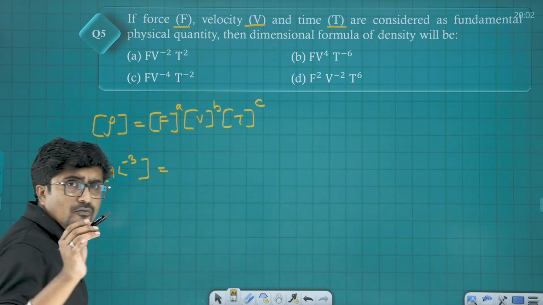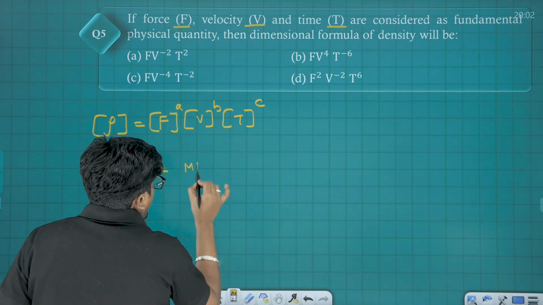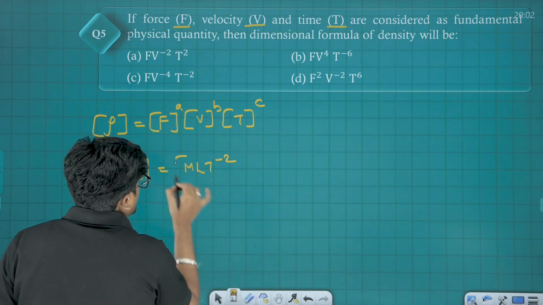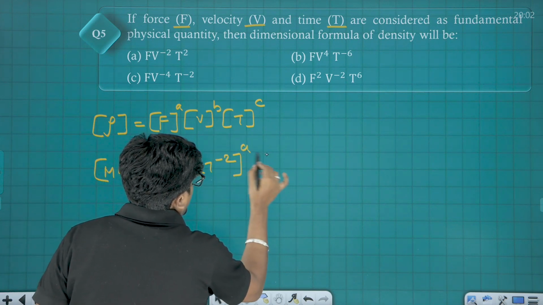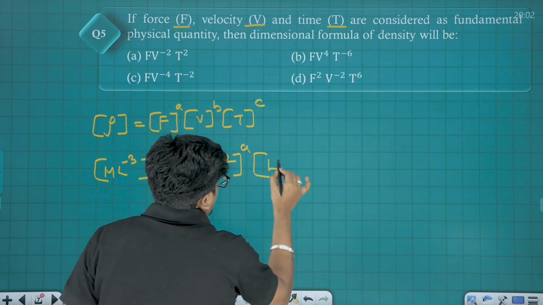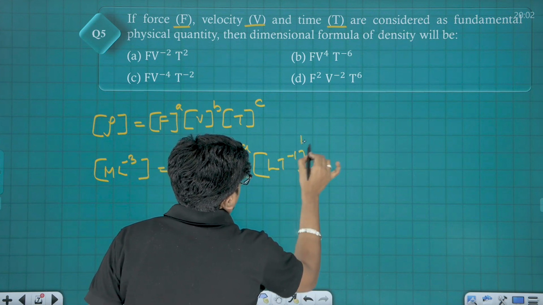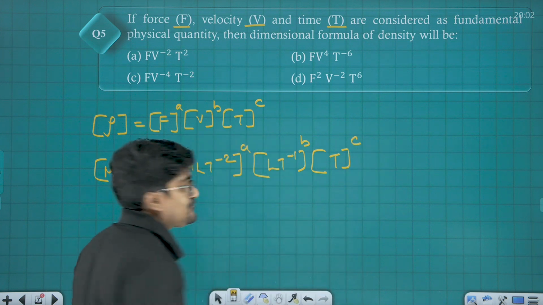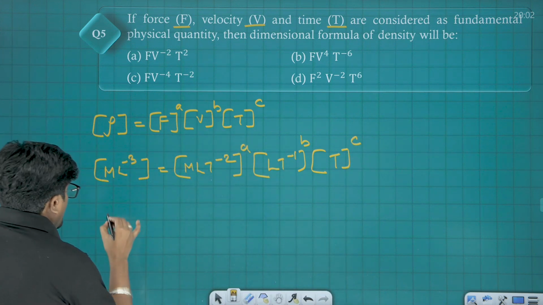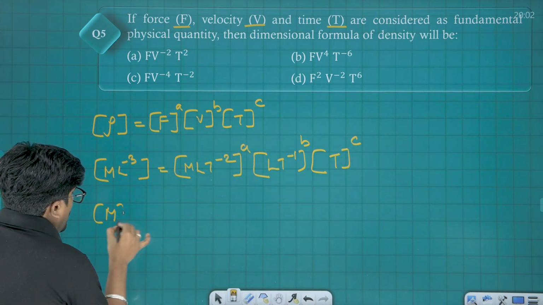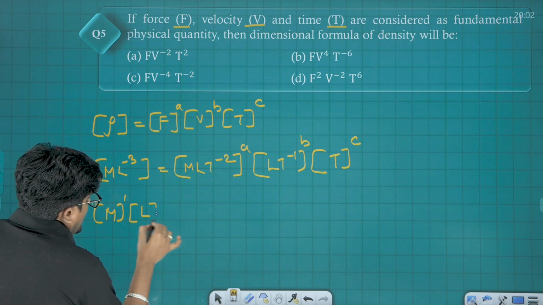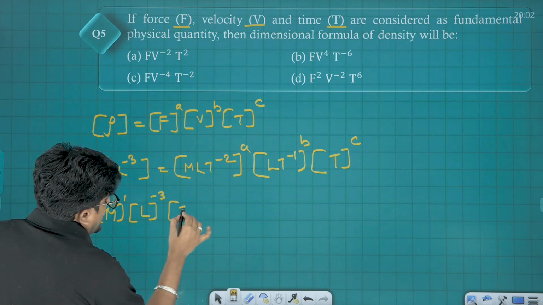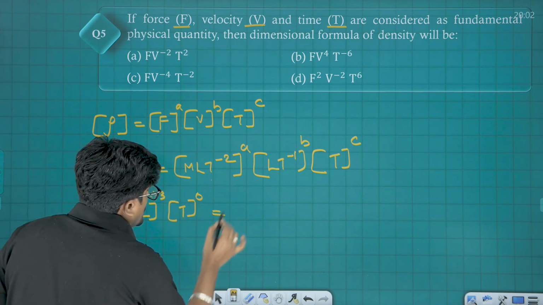That is equal to, first I can write as M L T raised to minus of 2 raised to a, and here this is L T raised to minus 1 to power b, and here this is time T to power c. Okay, so here I can write as M to power 1, L to power minus of 3, and T to power 0.